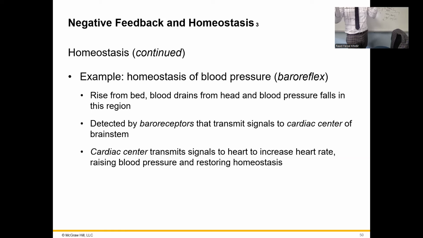They are not stretched because there's not a lot of blood propelling against them. So they send an input signal to the brainstem, and the brainstem transmits signals to the heart, causing the heart to increase the heart rate, raising the blood pressure and restoring homeostasis.